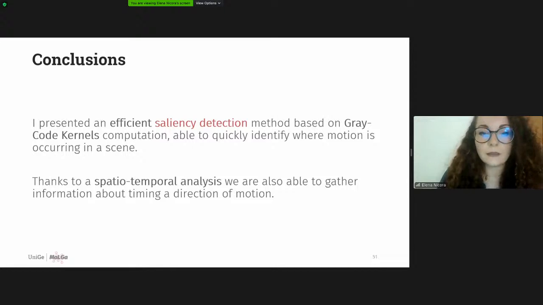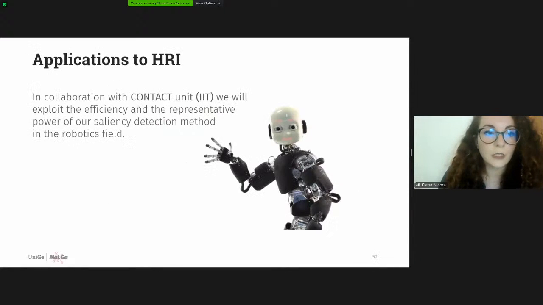In addition to that, we also noticed that the Gray Code kernel projections were also able to gather information about the timing and the direction of motion.